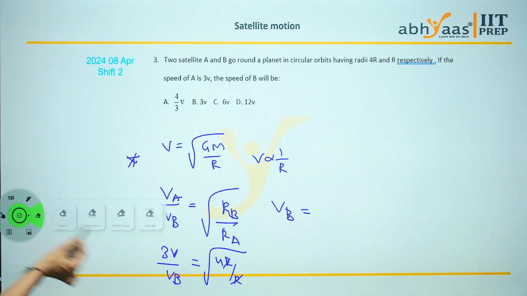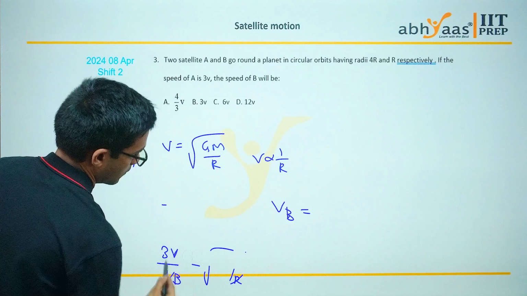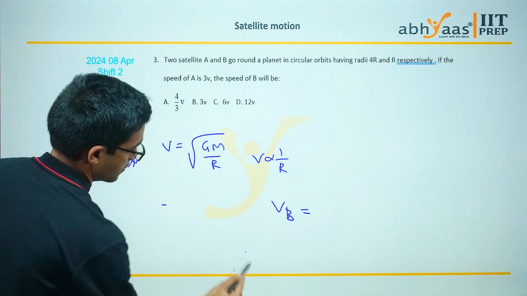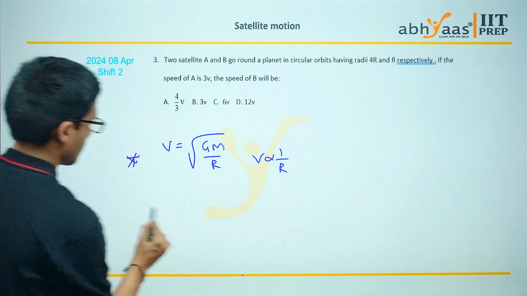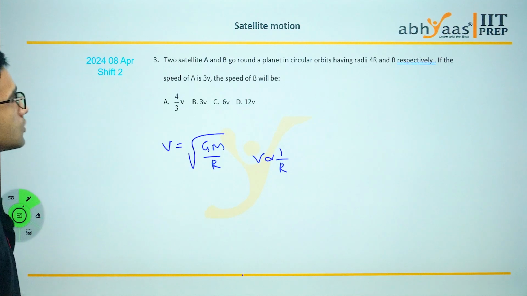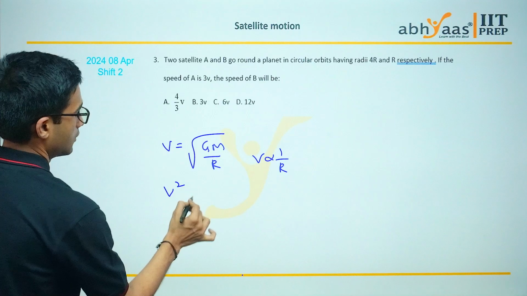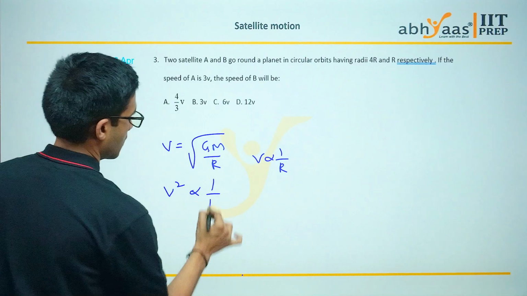We have gone a little bit fast, so I will do it from the beginning. Here, two satellites, only speed we want. V square is proportional to 1 by R, right?